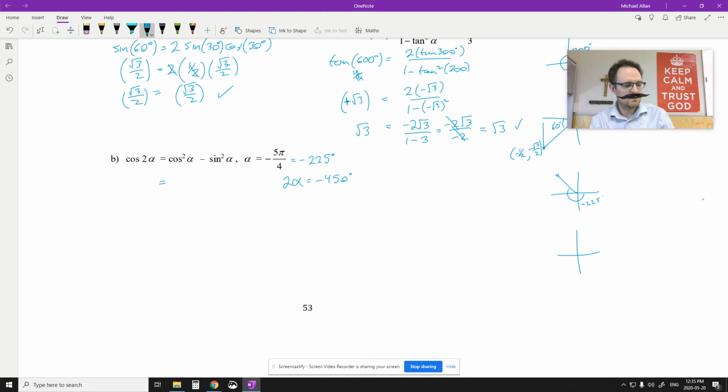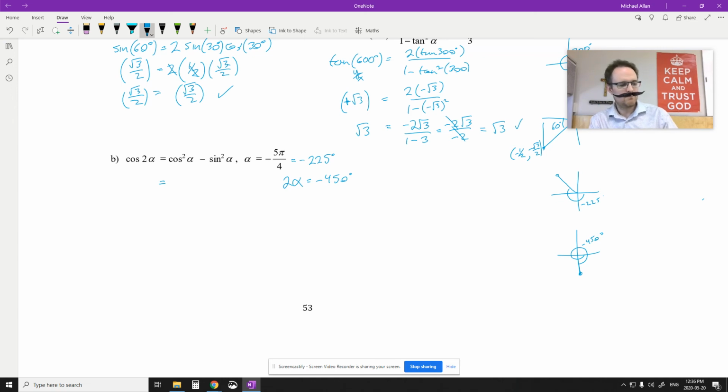And then the other one, 90 is straight up and down, but what will it be? It'll be negative 90, so it's going to go straight down. Right there. That's a negative 450.